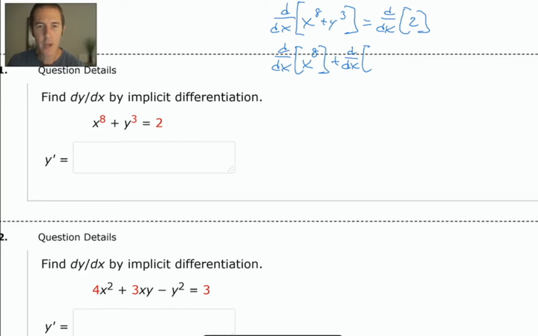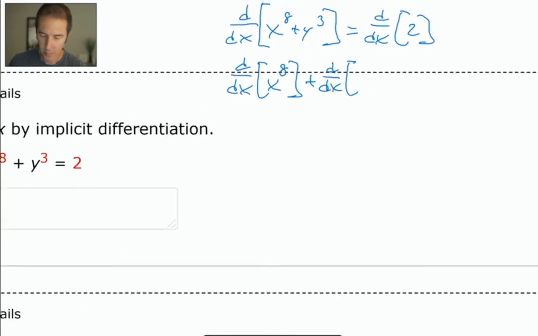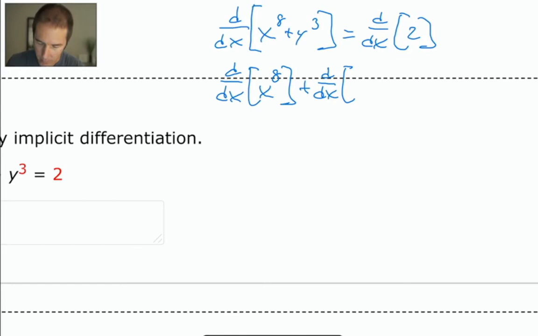Let's just go ahead and write f of x in brackets to the third. It's a little bit of a hack, but let's try it. So we're taking the derivative of that whole thing, and the derivative of a constant value on the right-hand side of our equation is equal to 0.